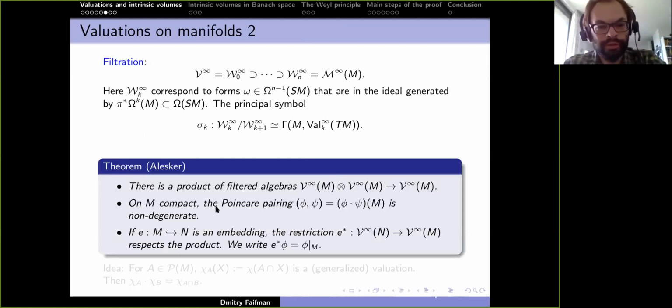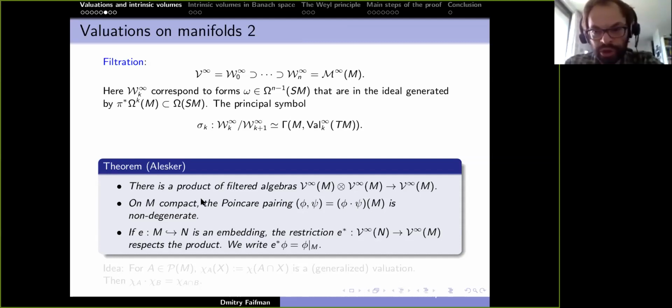And moreover, you have something like a Poincare duality. You can pair two valuations by taking their product, which I haven't yet defined, and you evaluate on the whole manifold when it's compact, and what you get is a non-degenerate pairing. And when you have one manifold embedded in another, this product is natural with respect to restriction. Restrictions are homomorphisms of the structure.